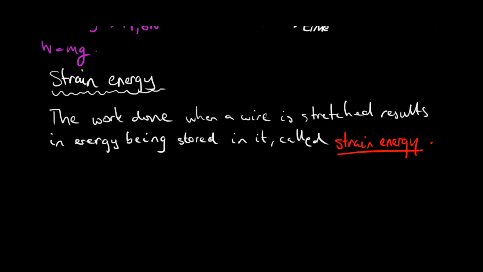Now, the word work is not one we've used very much yet because we haven't done that part of the course yet. We'll do it next. But in physics, the word work means something very specific. It's not what we mean by work in normal day-to-day life.